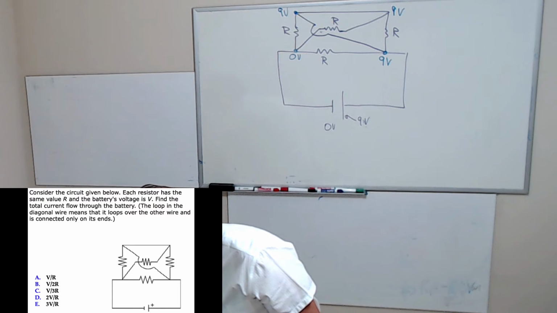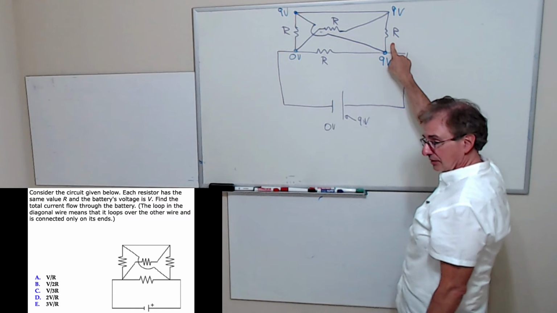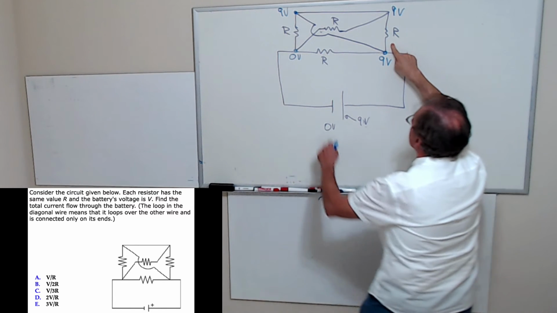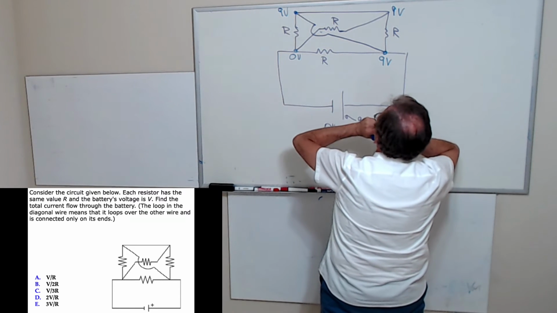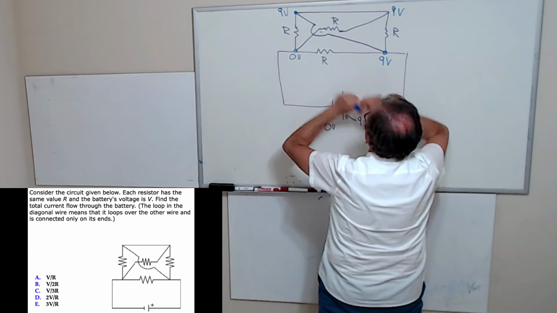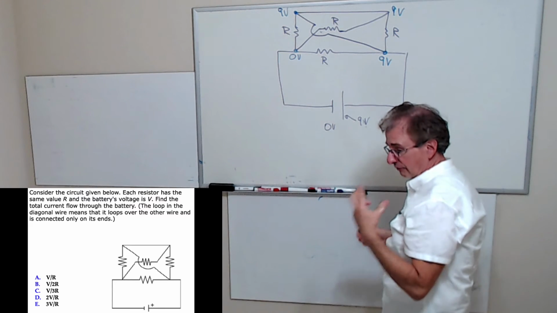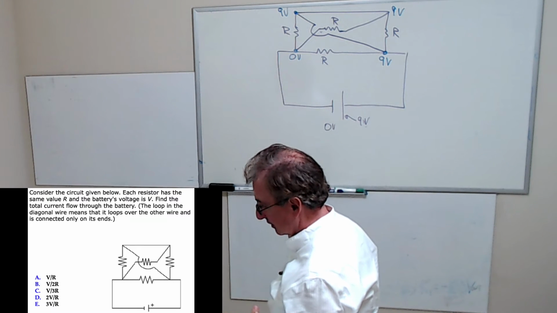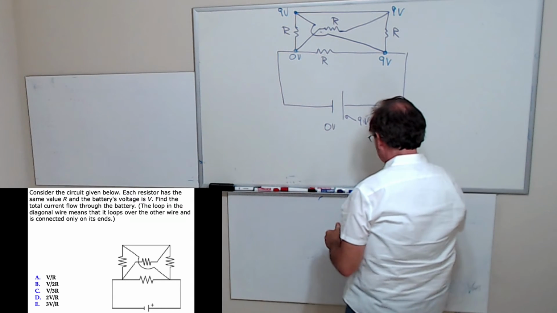Is there any current going through this resistor? No. So you have 9 volts across this one, 9 volts across this one, and 9 volts across the other one. So you basically have 3 resistors that have current running through them, and they all have 9 volts across them.